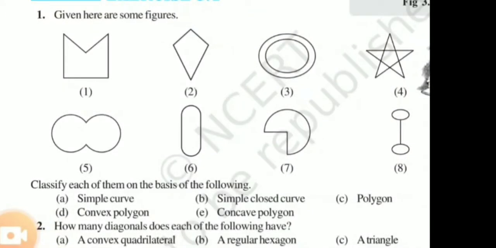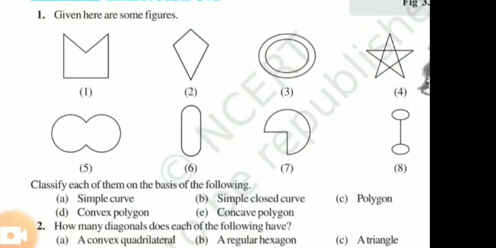Next, angle sum property. The sum of the measures of the three angles of a triangle is 180 degrees. Now scholars, let's see exercise 3.1.